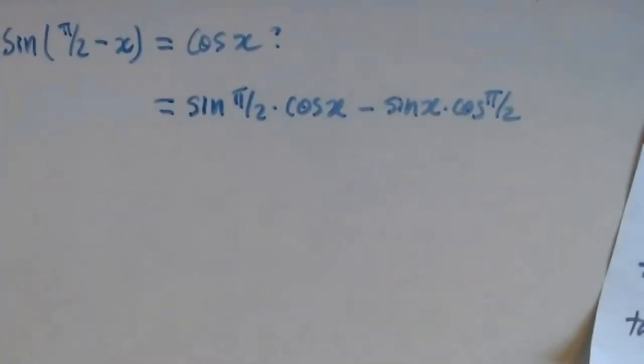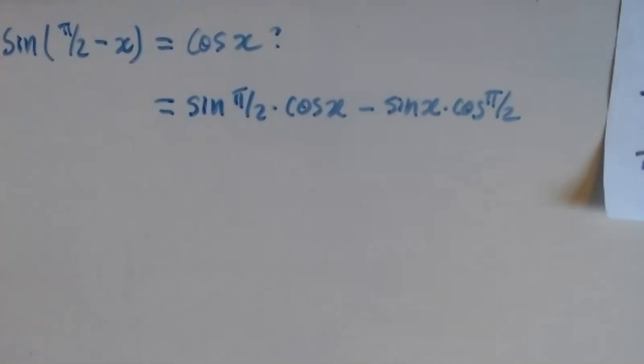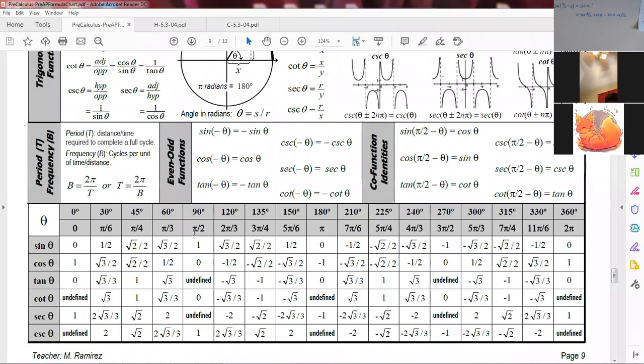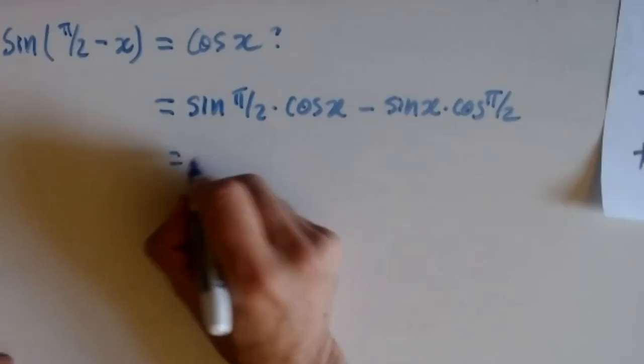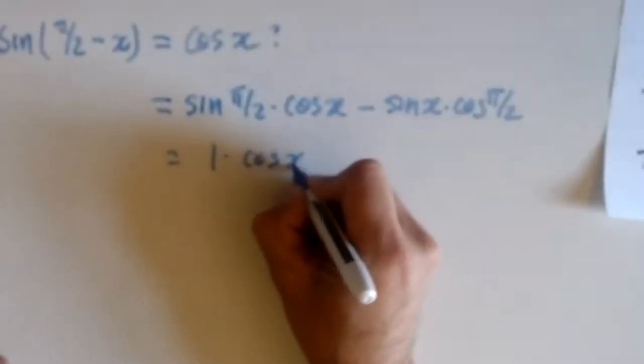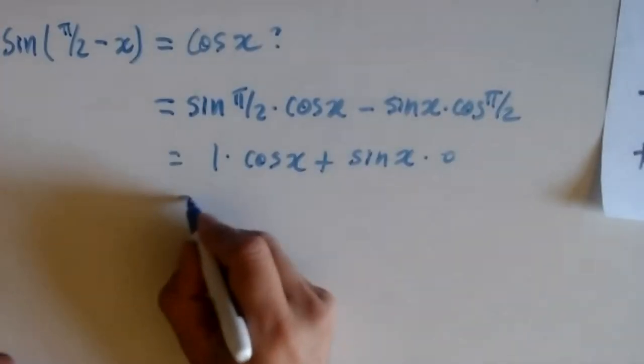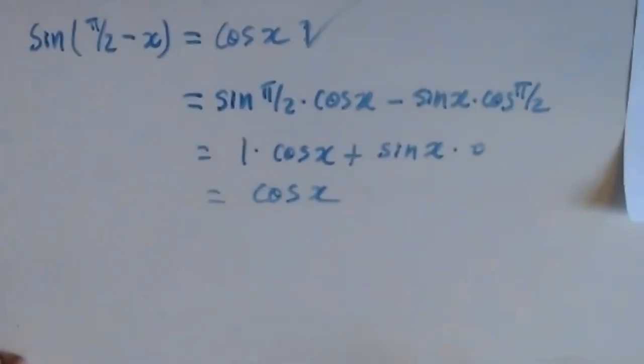Now again, I have to go to the unit circle to find these values. Sine of pi over 2 is 1, cosine of pi over 2 is 0. You can see that here, right? This is 1 times cosine x plus sine x times 0. And obviously this is cosine x. So you prove your identity.